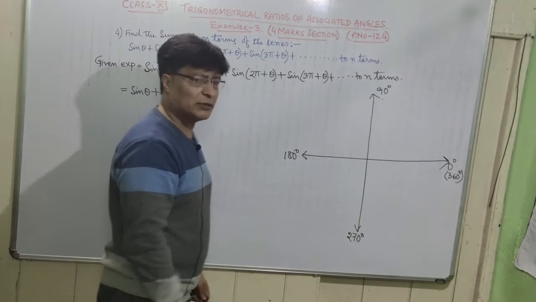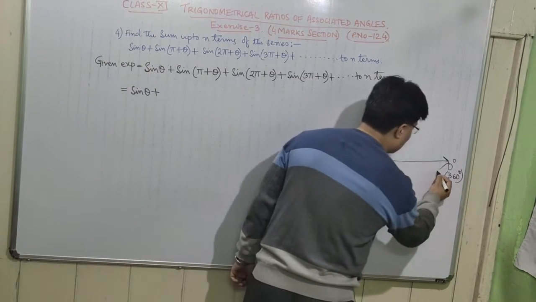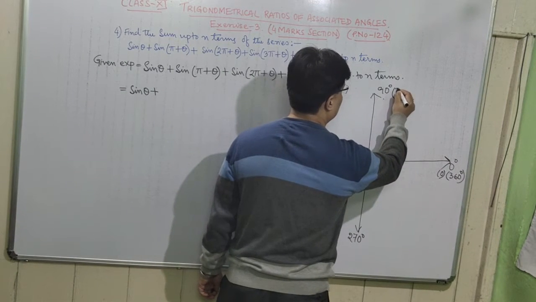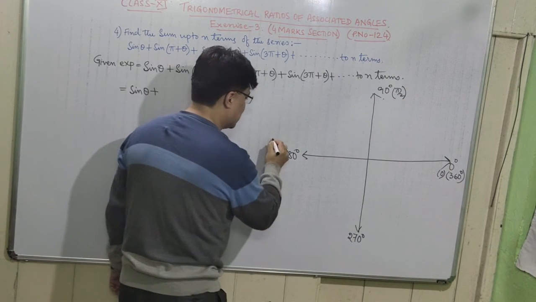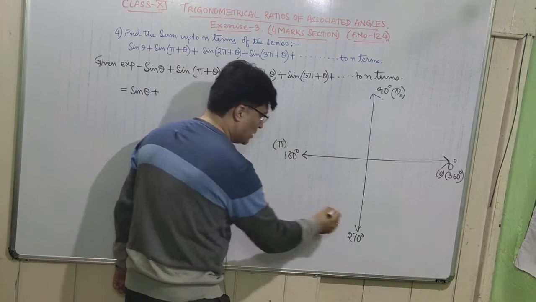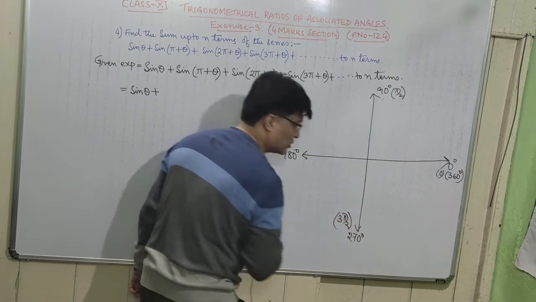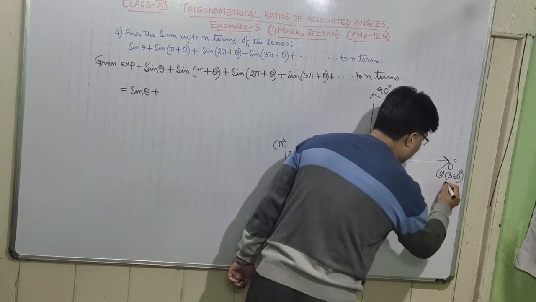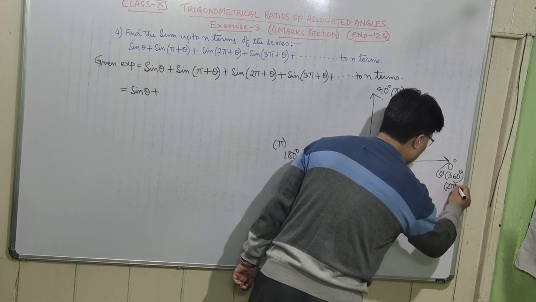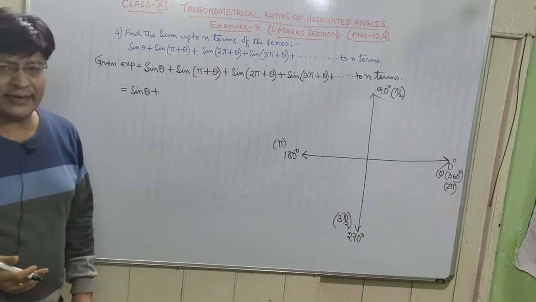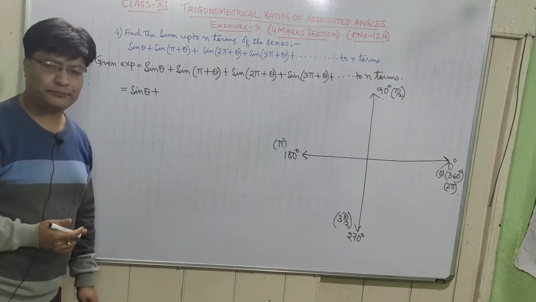But you can write it in terms of radian also. 0 degree in terms of radian is 0. 90 degree in terms of radian is pi by 2. 180 degree in terms of radian is pi. And 270 degree in terms of radian is 3 pi by 2. And 360 degree in terms of radian is 2 pi, as pi is equal to 180 degree.